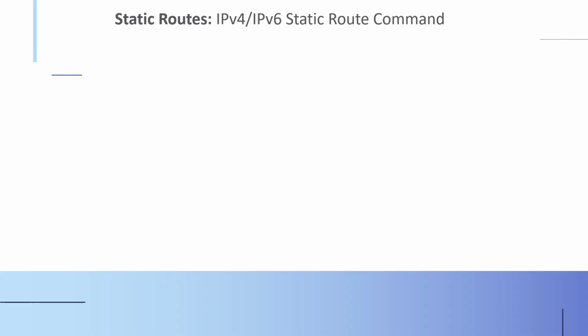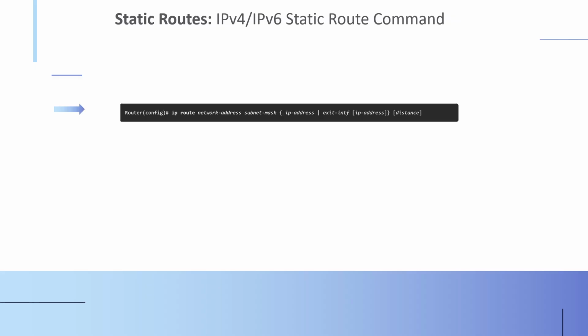IPv4 static routes are configured using this command in global configuration mode. As you can see, we are in configuration mode, and by using ip route, we start configuring the static route.